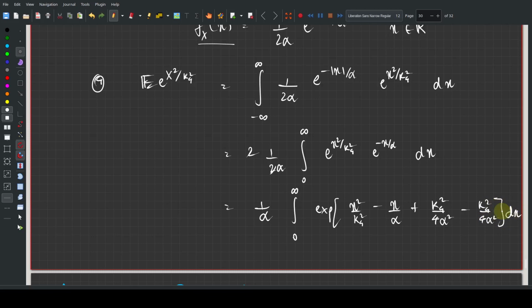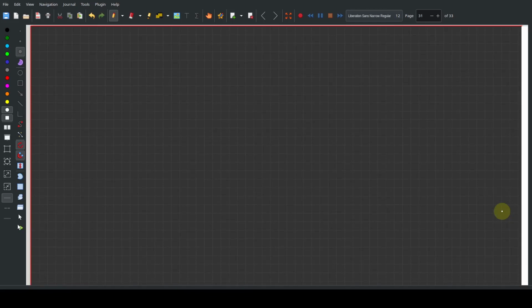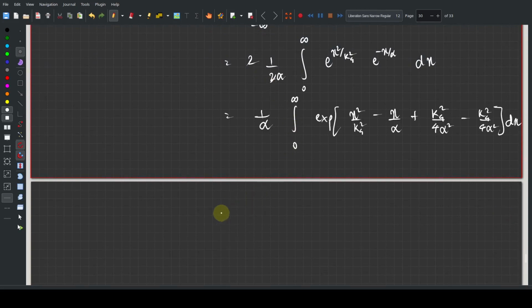That's what you would try to do. So this is equal to 1 over alpha, let me take this quantity outside, e to the minus k4 square by 4 alpha square integral 0 to infinity.